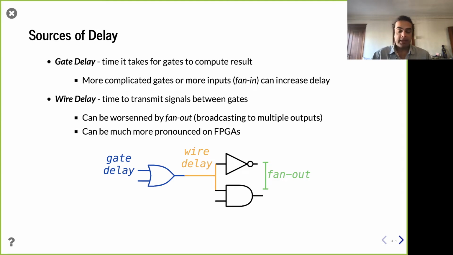Now, these delays are not static. You can imagine, depending on the complexity of the gate, and perhaps even its current state in terms of ones and zeros, changing to another combination of ones and zeros may take a certain amount of time.